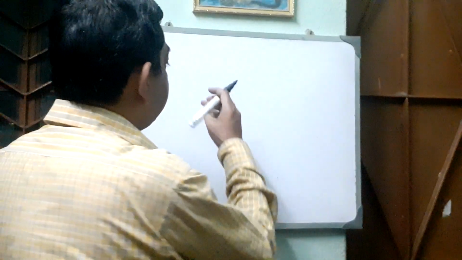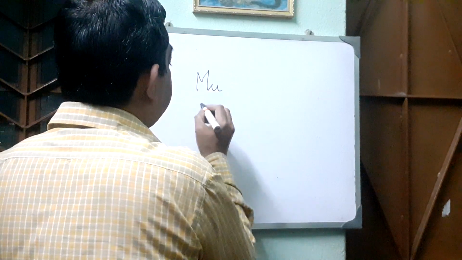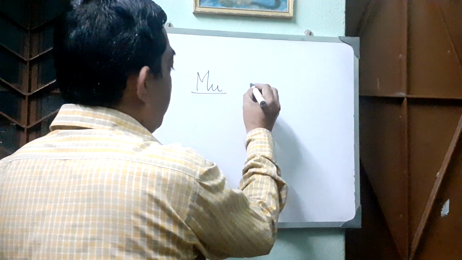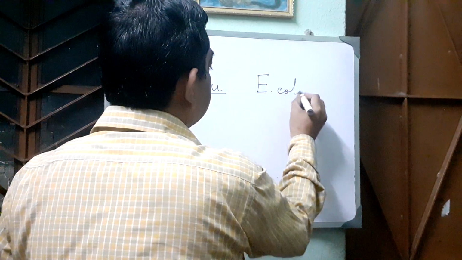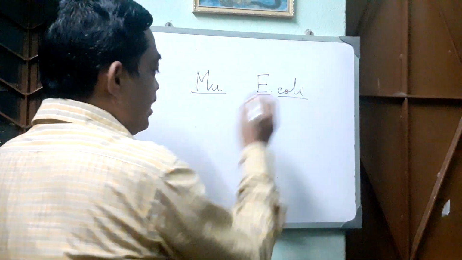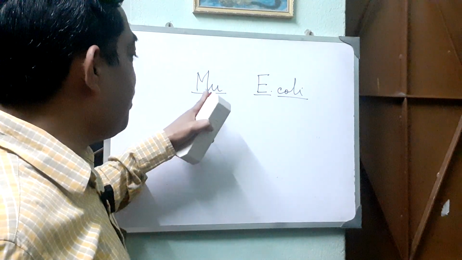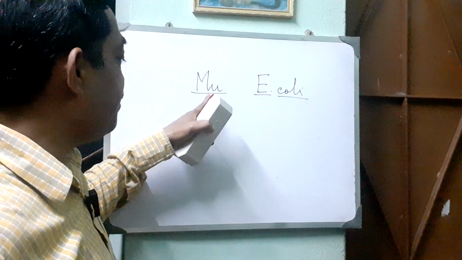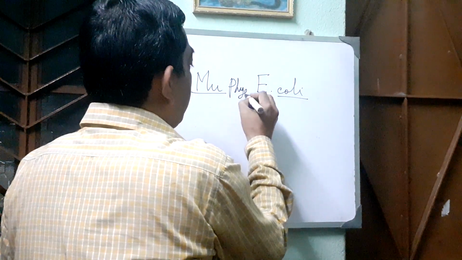And another bacteriophage is the Mu virus of E. coli. It also infects E. coli. Actually, Mu is a short form of mutator. It is called Mu bacteriophage of E. coli.